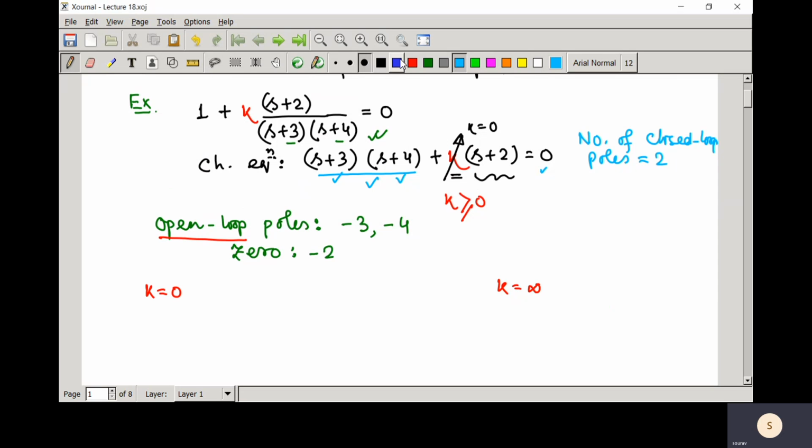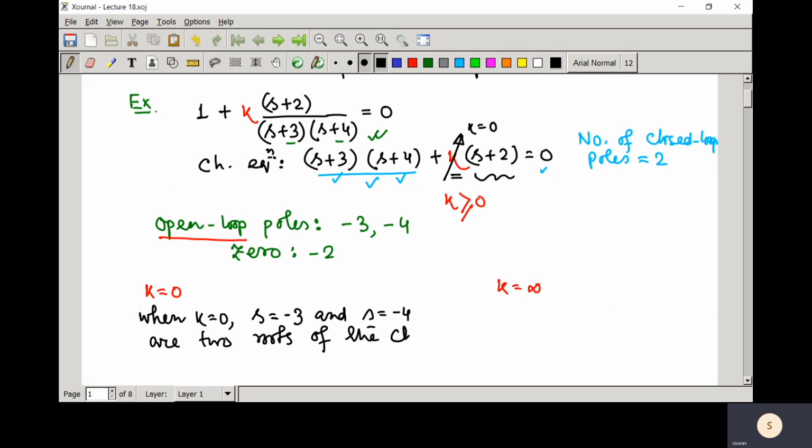So here we can write that when K equals 0, s equals -3 and s equals -4 are the two roots of the characteristic equation.